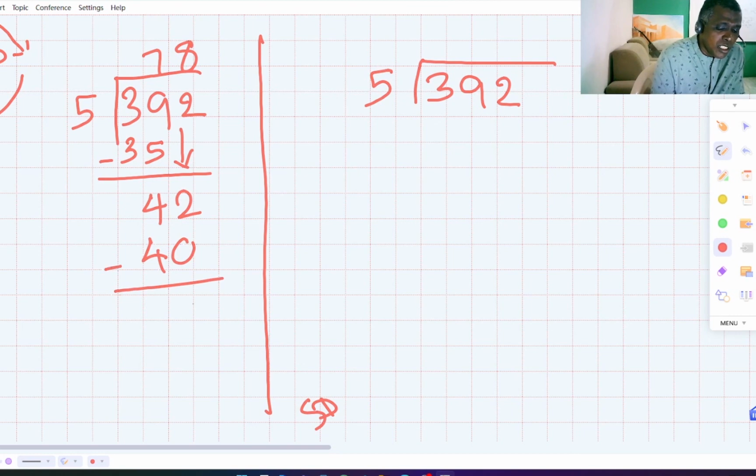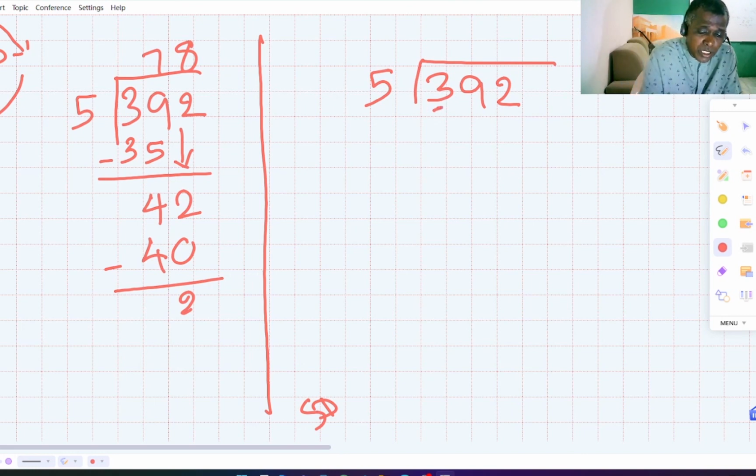If you subtract, you get 2. This is long division. But if you have more practice and more knowledge about division, we are not writing all these things. We just write a few things and do the work very easily.